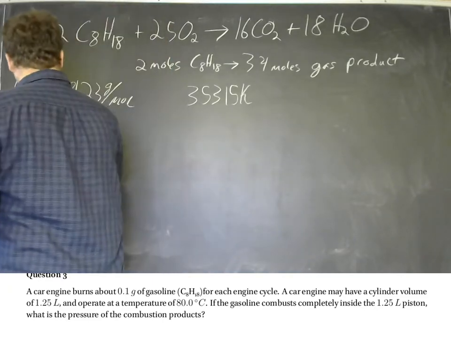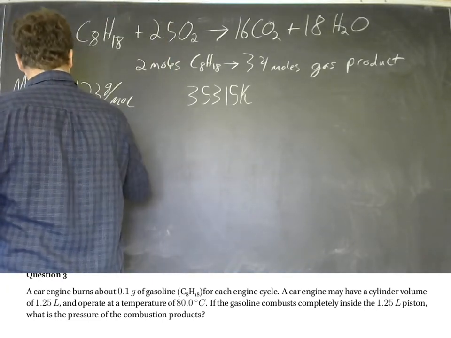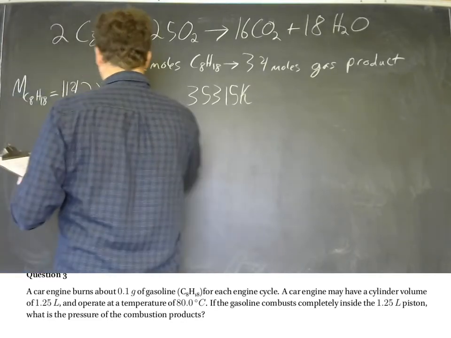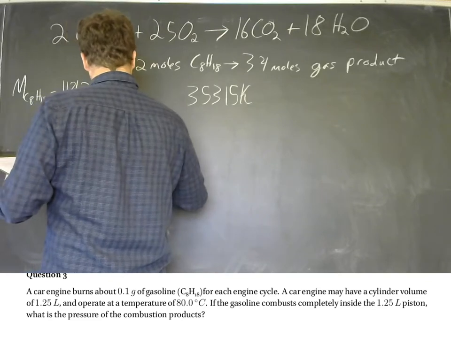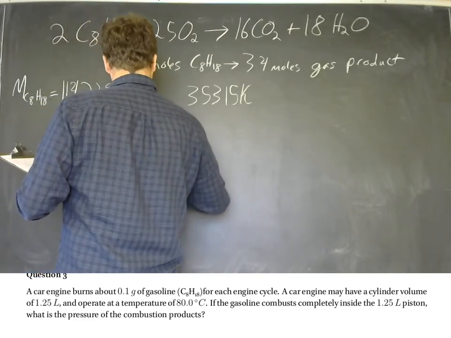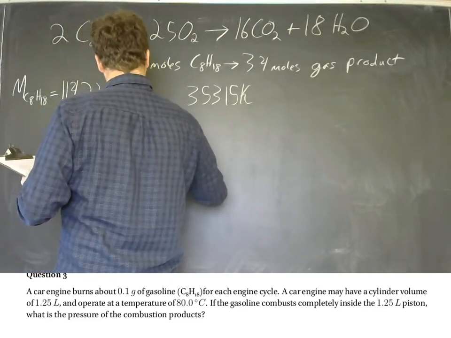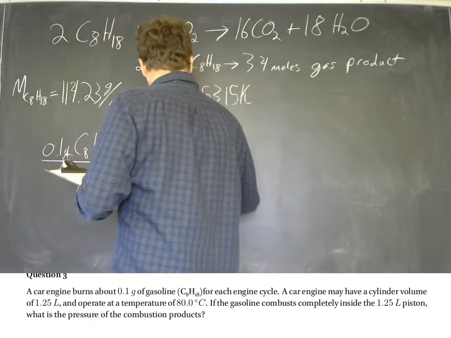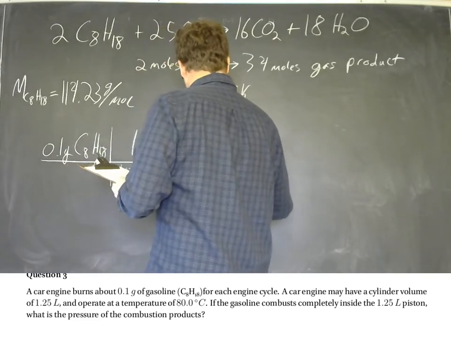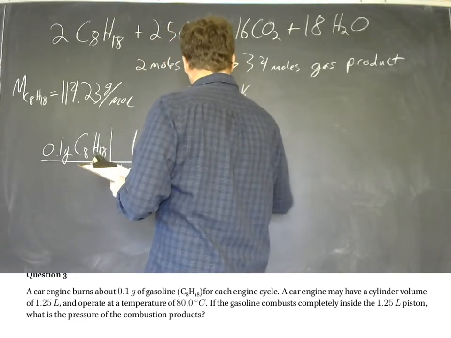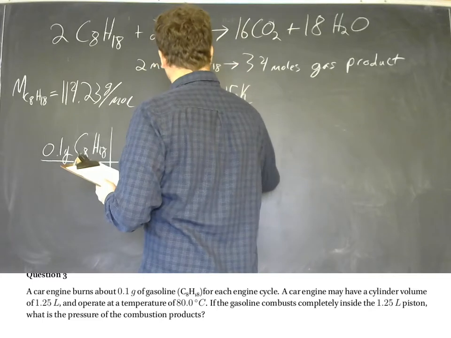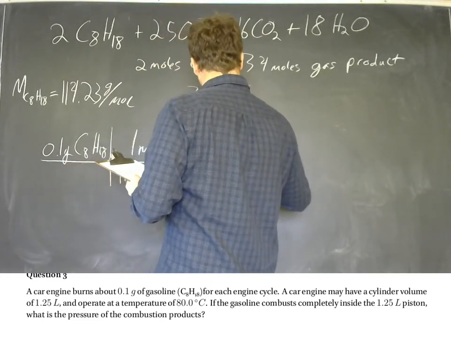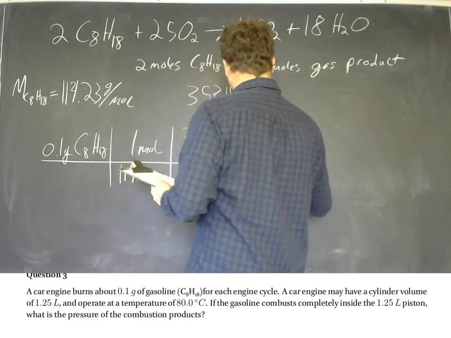So 0.1 gram C8H18, 114.23 grams of octane is 1 mole of octane, and then 2 C8H18 is 34 moles of gas product.